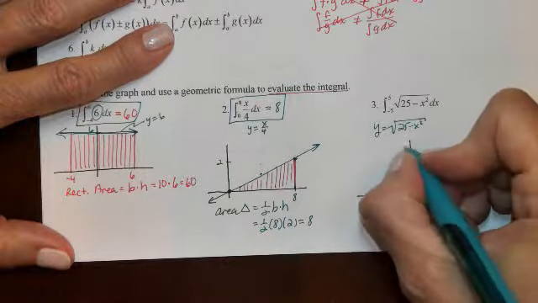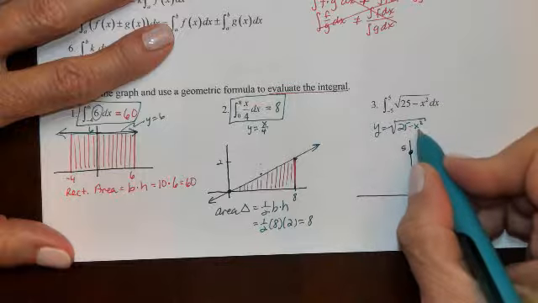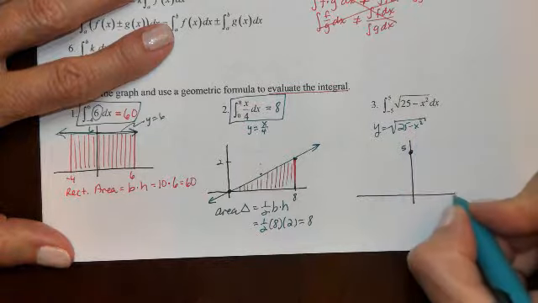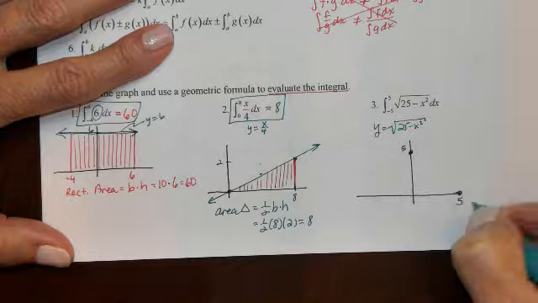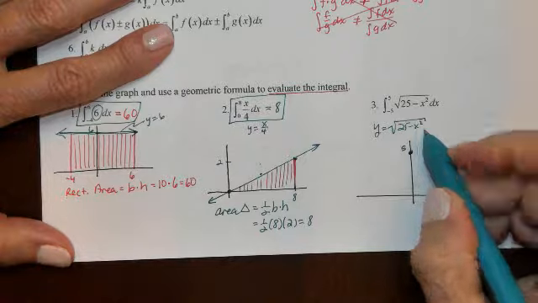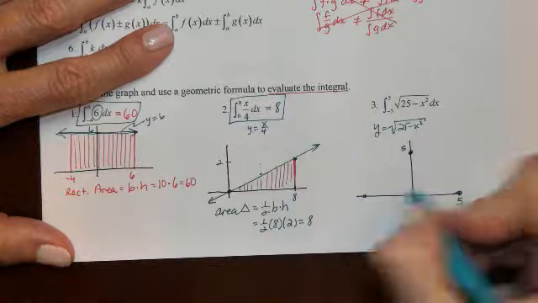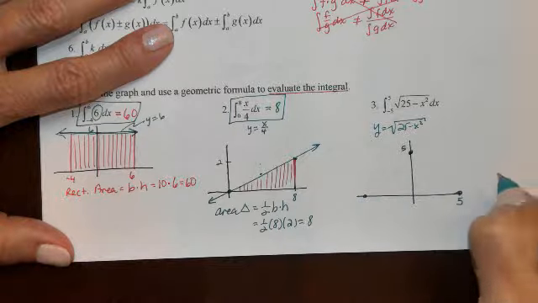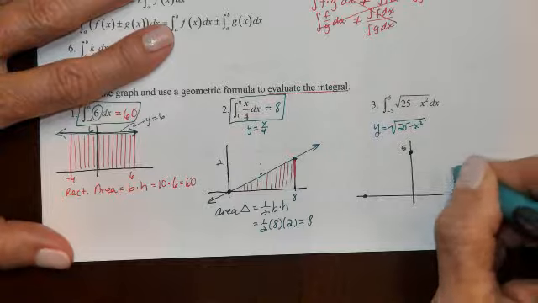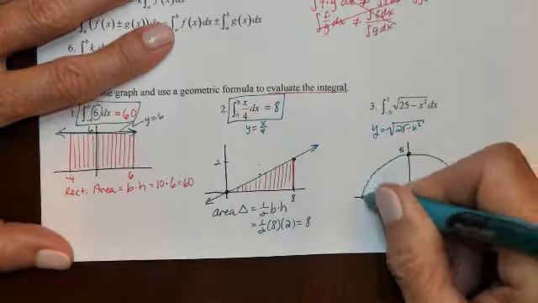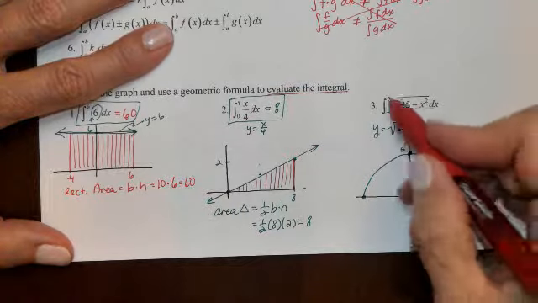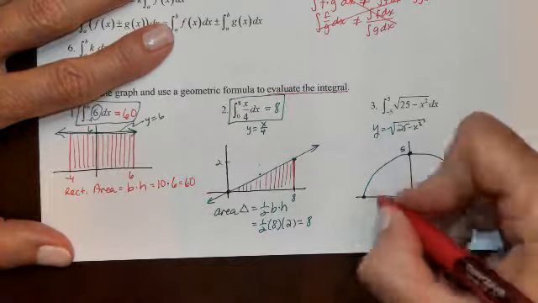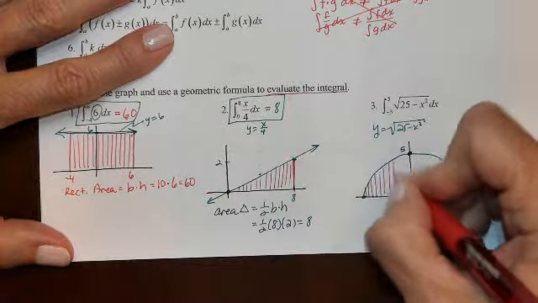If you put 5 in for x, you're over here at 0, right? If you put negative 5 in for x, you're also at 0. This is a semicircle, half of a circle. And so we want the integral from negative 5 to 5. Well, from negative 5 to 5 is right here.